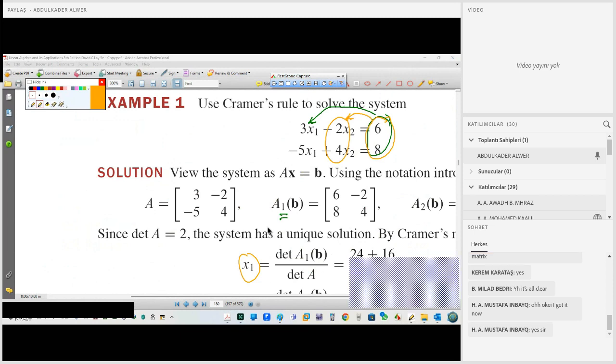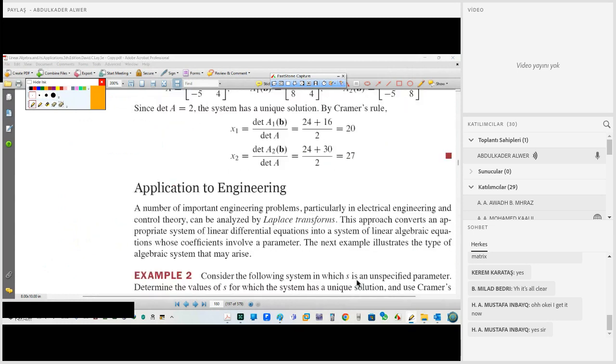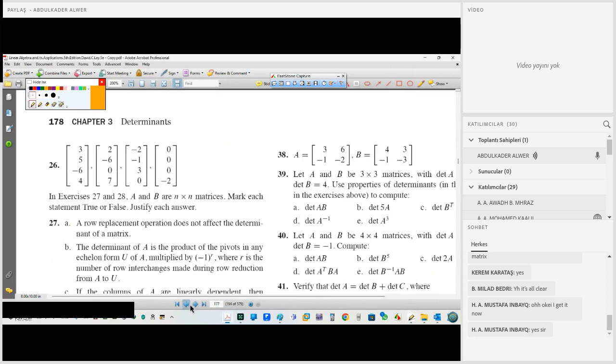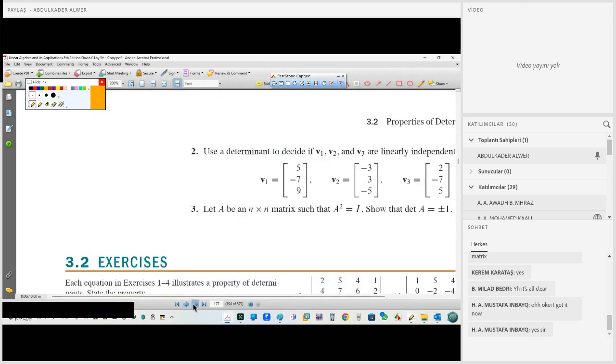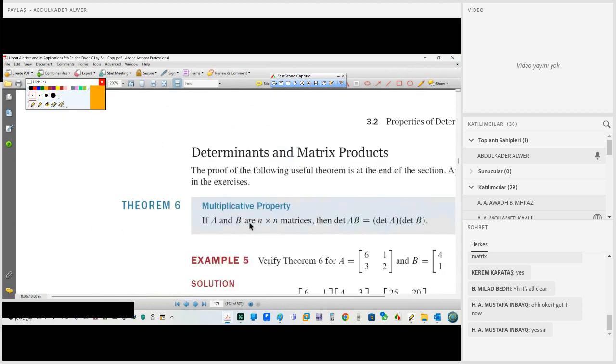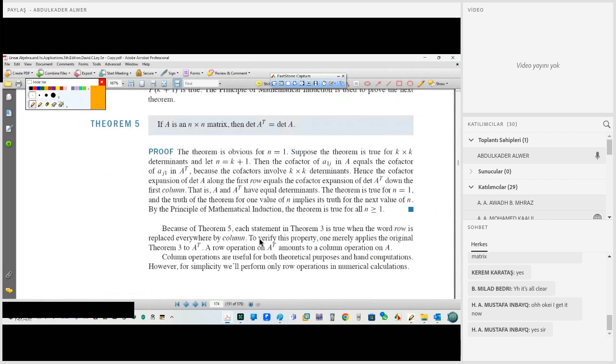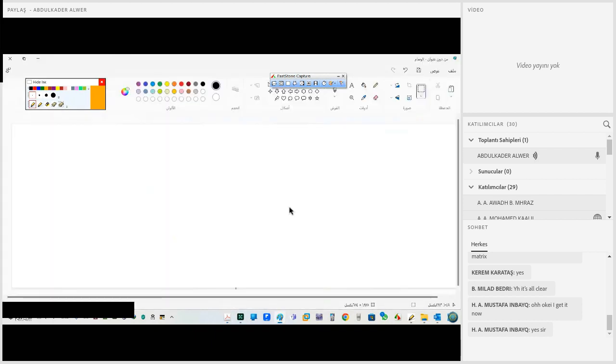I will write another example about X1, X2, X3. I need some question we solved before. So let's write one question.